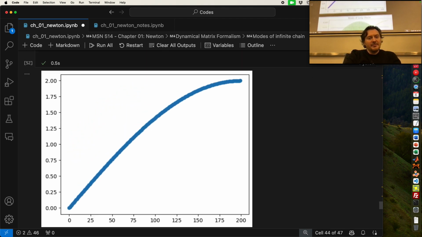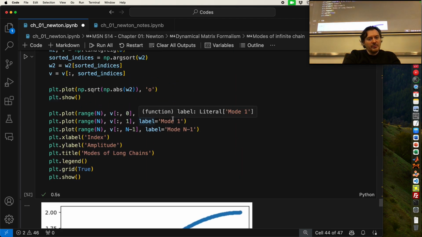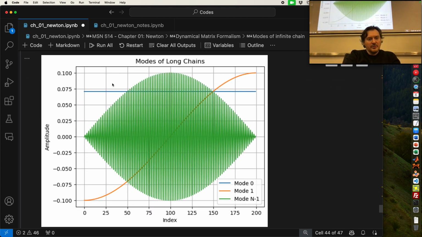Before we go there, let me show you also the mode numbers. So mode 0 looks like a flat line. What does this mean? The flat line. It's the eigenvector this time, okay? And it's a flat line. What does it mean? You have 200 atoms.